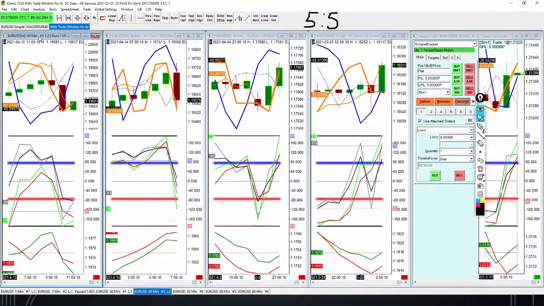So here then would be our entry at the end of this candle, right, which would be 1.19683, and our take profit would be below us at 1.19633.